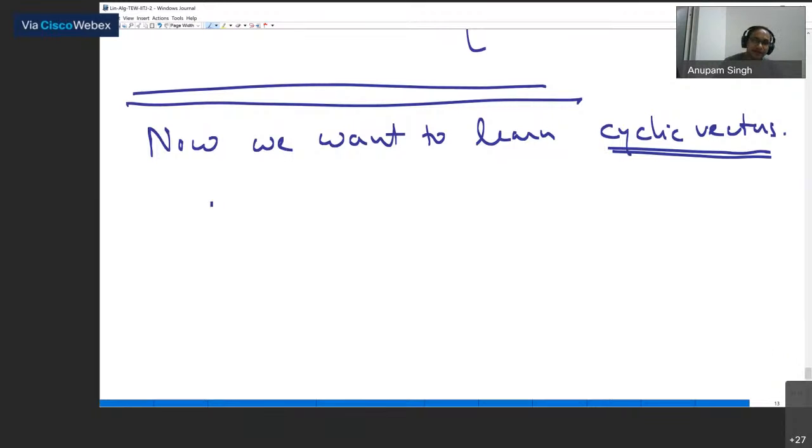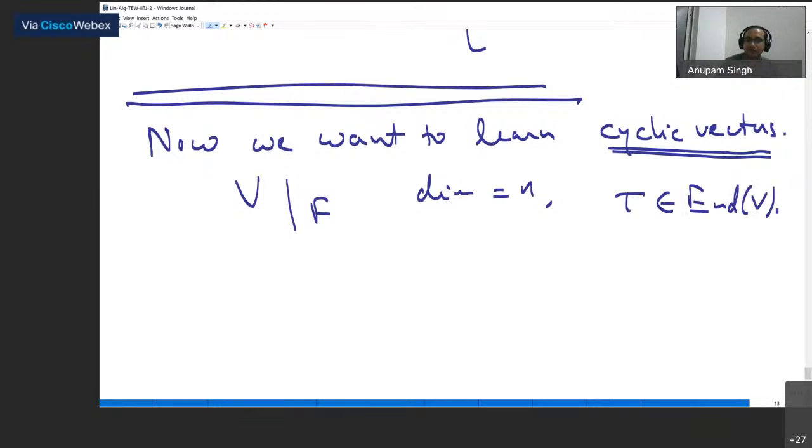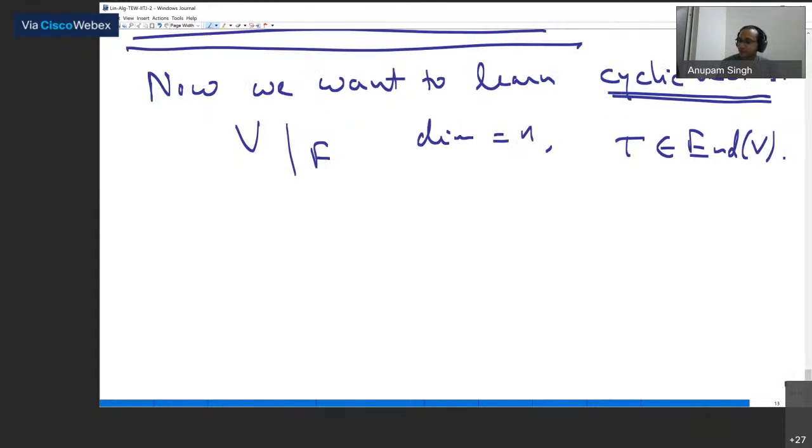So again, I have set up a vector space over a field F of dimension n, and I have some linear transformation T in L(V). Right? This is what I have. Let's just recall something.